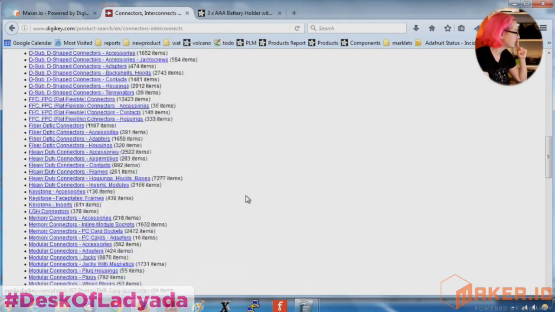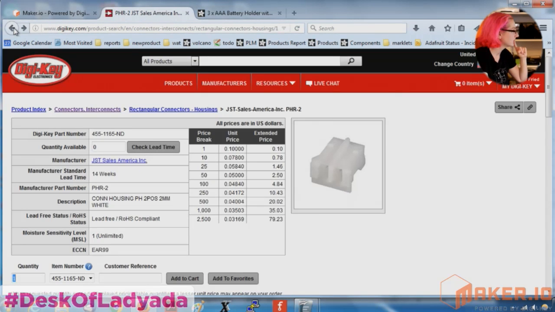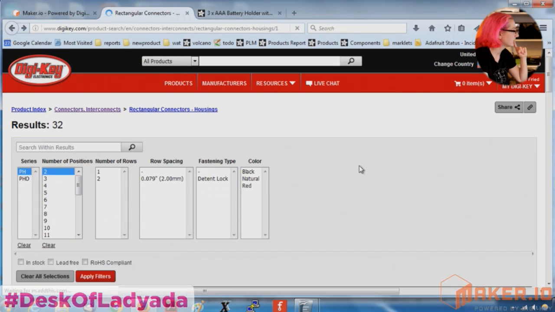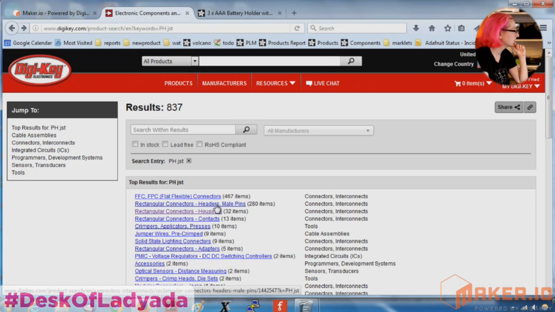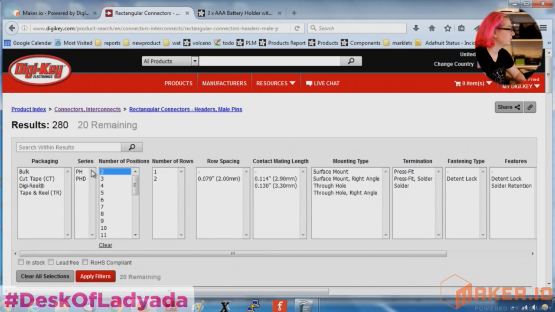I wanted rectangular connectors, headers. No, hold on. Let me back up here. Right, it was the headers, male pin. 2pH tape and reel.